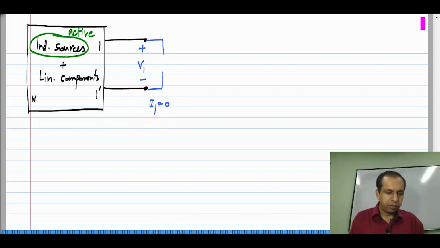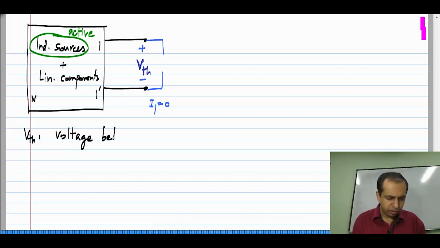And let me call this voltage VTH. I will explain the terminology later. Basically, what is VTH? It is the voltage between 1 and 1 prime with the specified polarity.